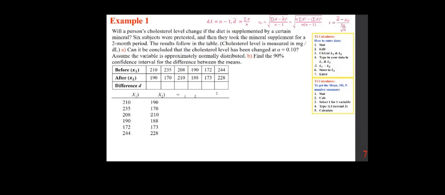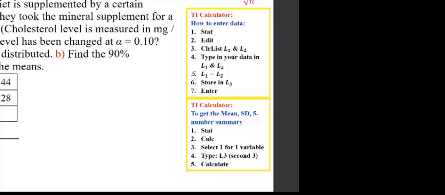As you can see on the right side, I have shown you how to use a TI calculator to make life easy. First and foremost, you clear the lists and you put the information in L1 and L2. Now, L1 is before, L sub 2 is after. And then when you want to do the calculation, it is L1 minus L2 that you're going to store in L sub 3 and enter it.